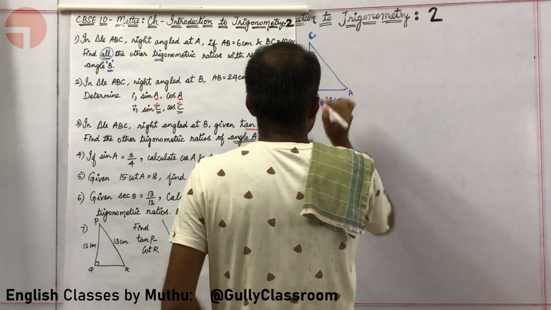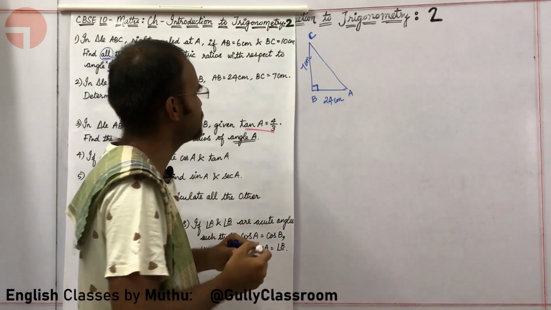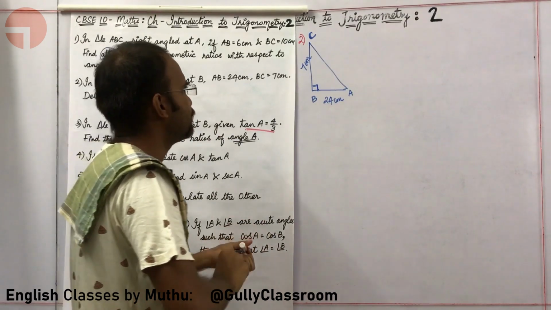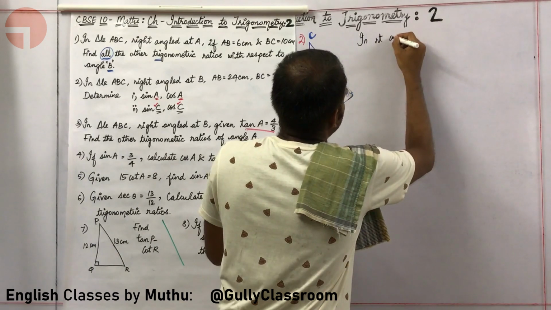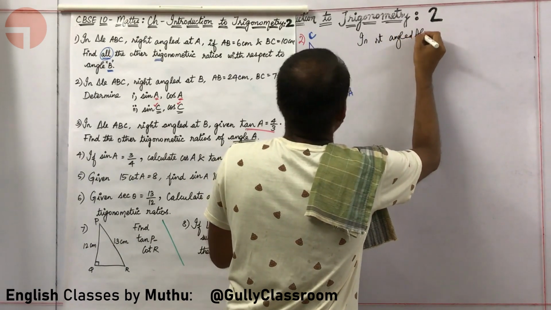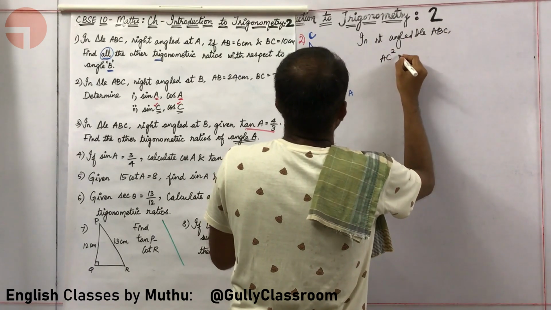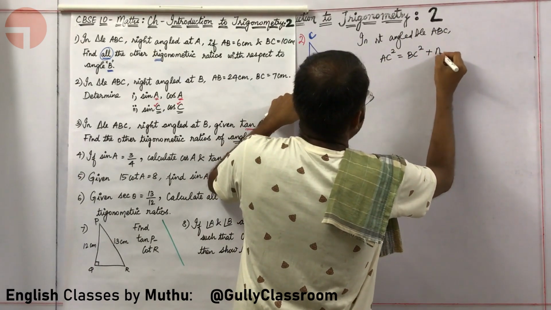Very good sir. Now let us try to do this particular problem. First, in order to find all the trigonometric ratios, I need to find the value of the hypotenuse. So, in right angled triangle ABC, hypotenuse square, which is AC square, can be written as BC square plus AB square.